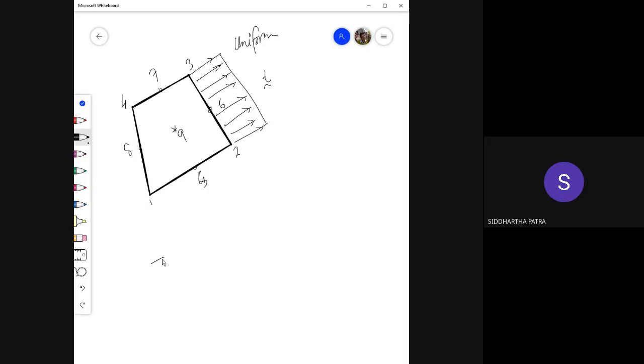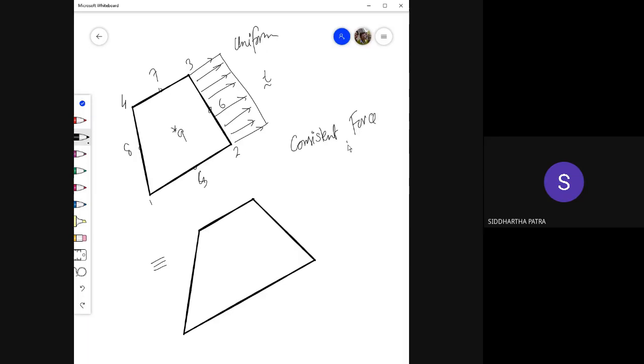Now when you reduce this to the force vector for the same quadrilateral, I am trying to discuss here something called the consistent force vector. What is a consistent force vector?